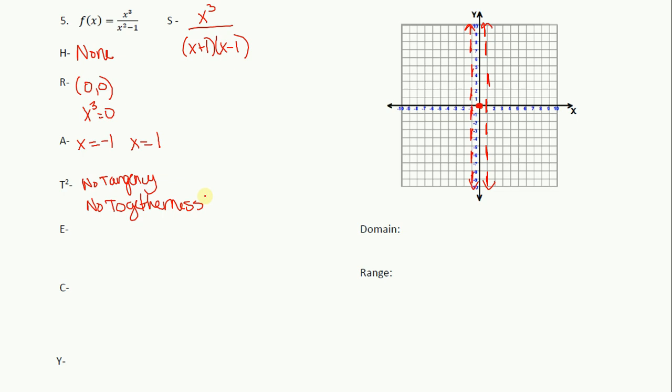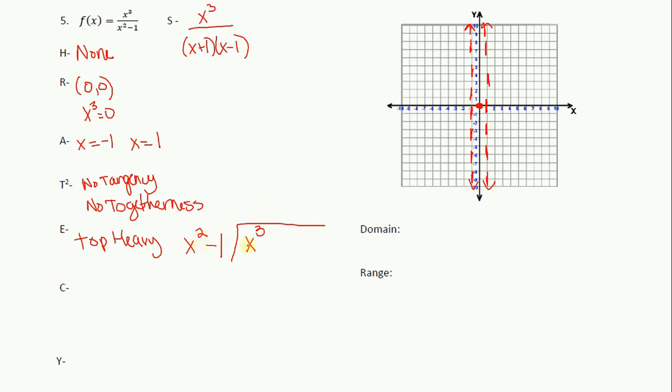Okay, end behavior. Let's see if we can find some end behavior. I have an x cubed over an x squared. Well, that to me means we have top heavy. So that means we have to long divide, so I'm going to divide x cubed by x squared minus 1.